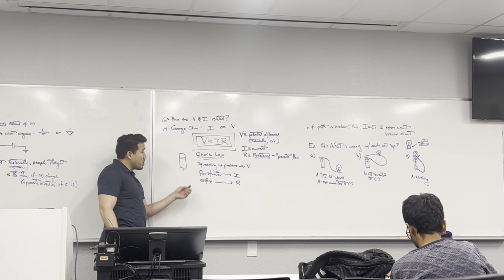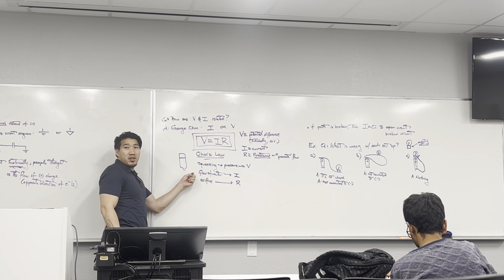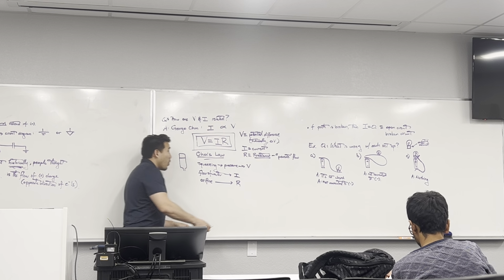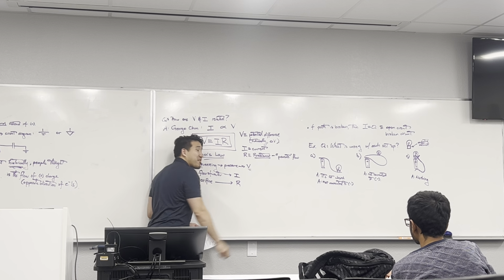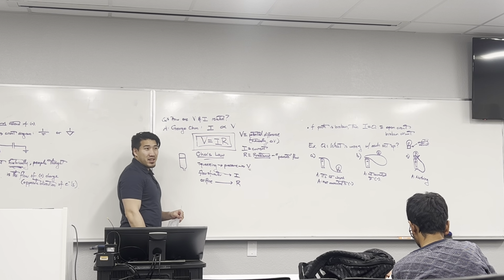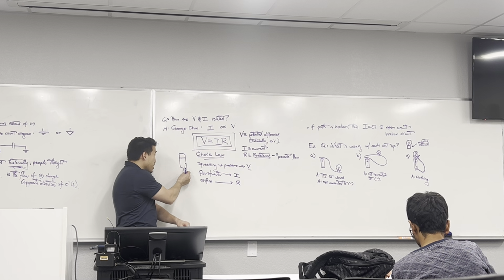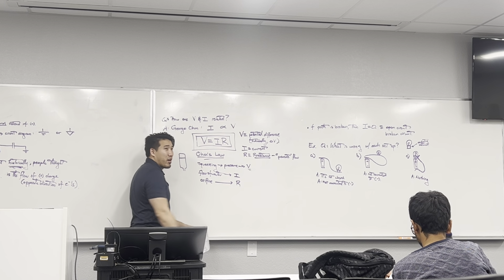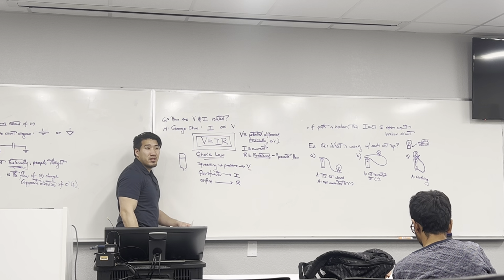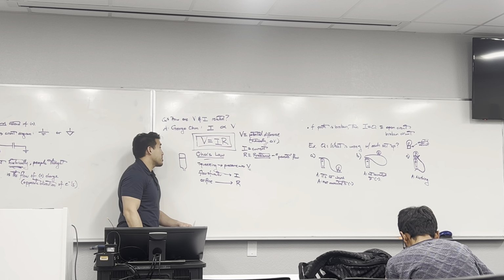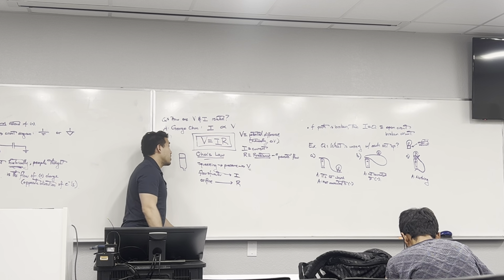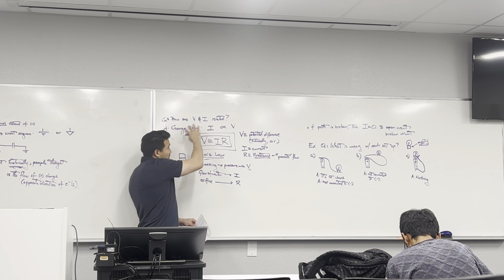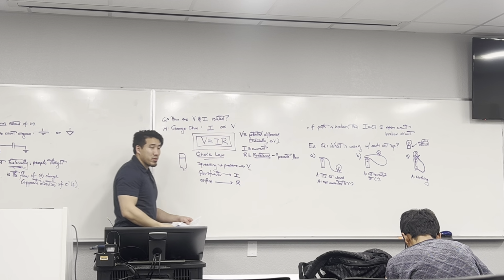So, if you wanted to increase the flow of water, you can do two things. One is to increase V, or increase the opening, or lower R. So this is how to understand the relationship between these three parameters.